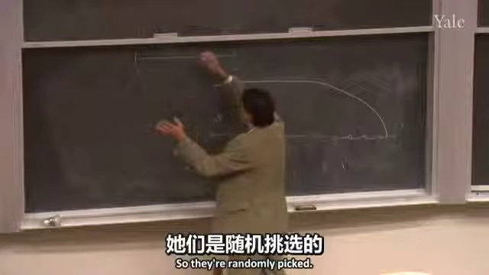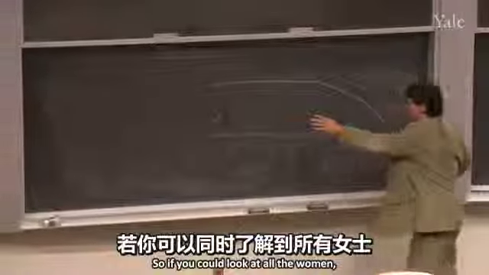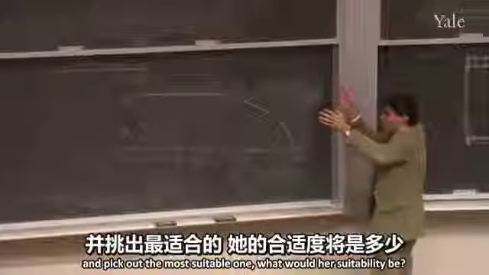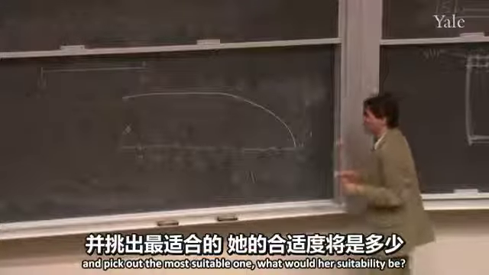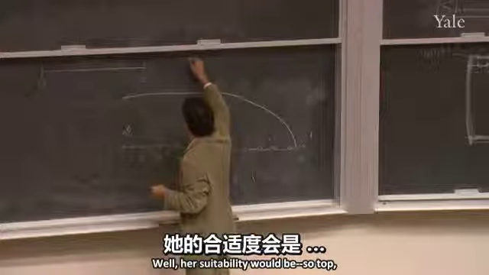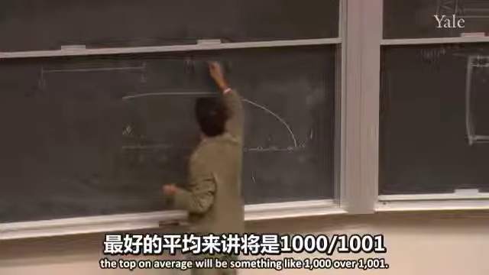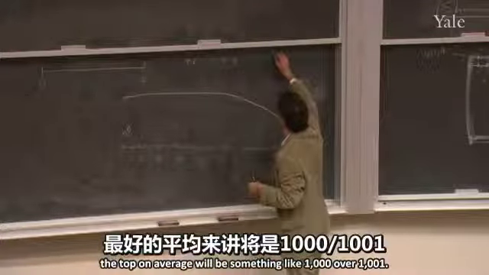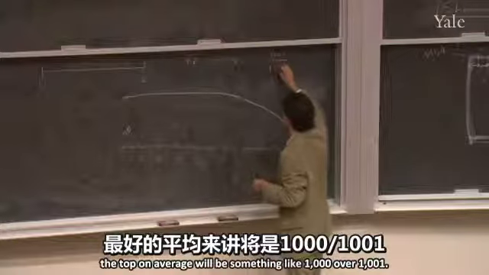They're randomly picked. If you could look at all the women and pick out the most suitable one, what would her suitability be? Well, the top on average will be something like 1,000 over 1,001.